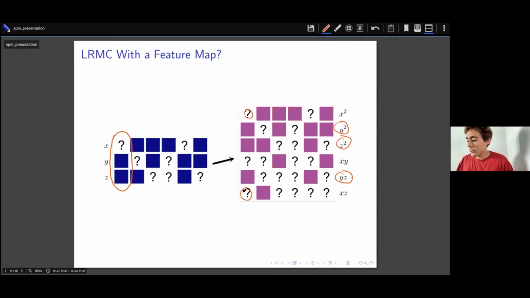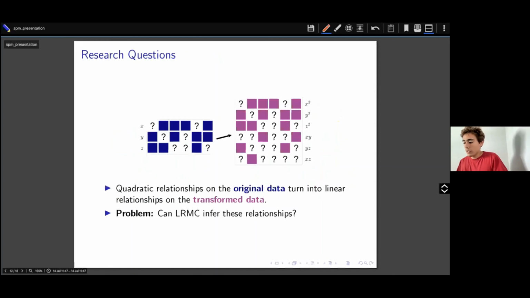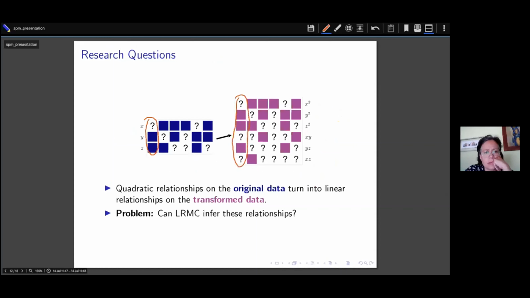Let's take our data set, apply this transformation, apply low-rank matrix completion here, and then use the completions of the columns to impute these entries. And the idea of this approach, why this is interesting, is that quadratic relationships here turn into linear relationships here. So maybe this will let us impute and infer the missing coordinates in data from the hypothesis that it has quadratic relations.